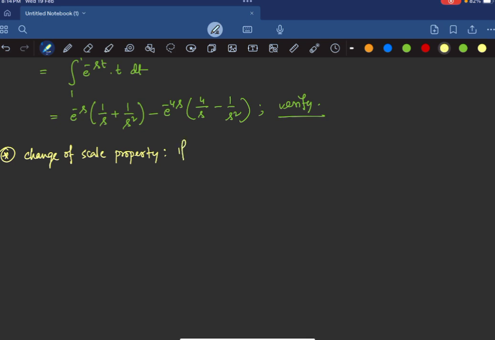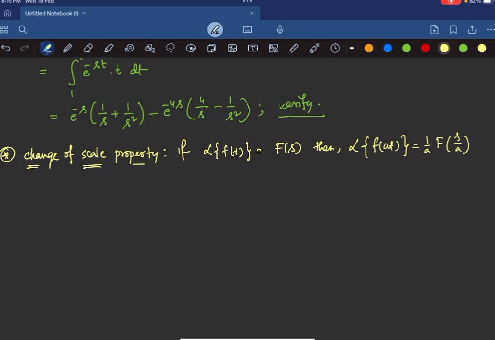It says that if the Laplace transform of f(t) is F(s), then the Laplace transform of f(at) is 1/a F(s/a). So this is the change of scale property.